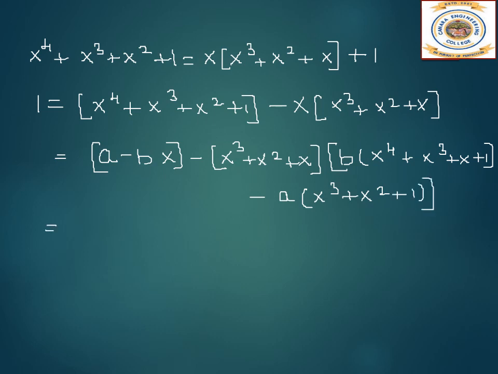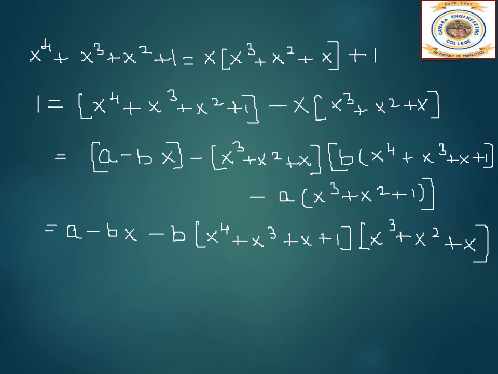So here let me just open up the brackets: a minus bx minus b into x to the power 4 plus x cube plus x plus 1 into x cube plus x square plus x, plus a into x cube plus x square plus 1 into x cube plus x square plus x.